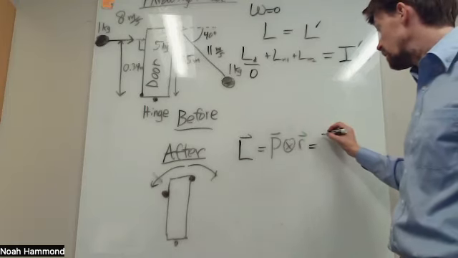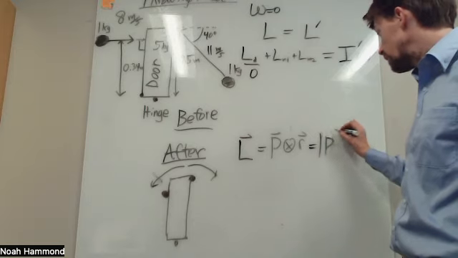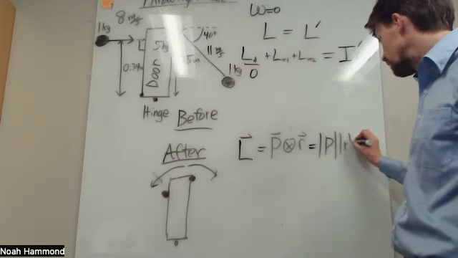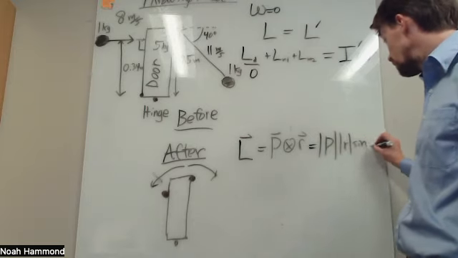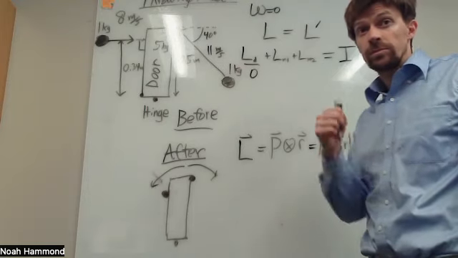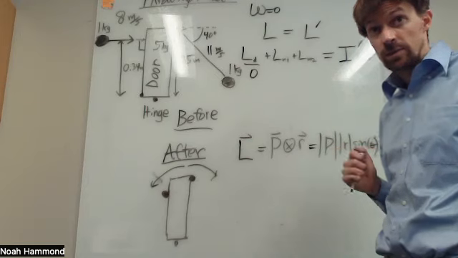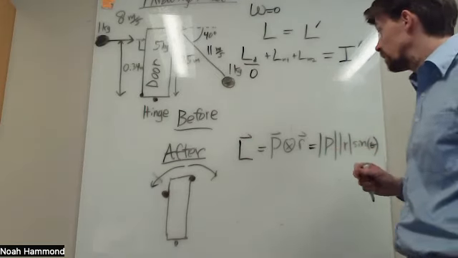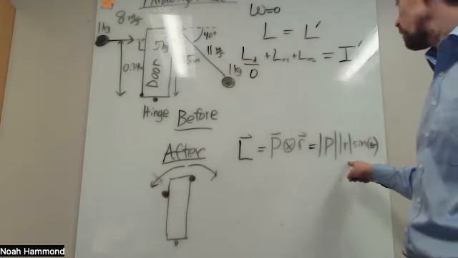So it's going to be the linear momentum times the radius times sine of the angle between them. That's the cross product solution. So we need to do that for each of these.